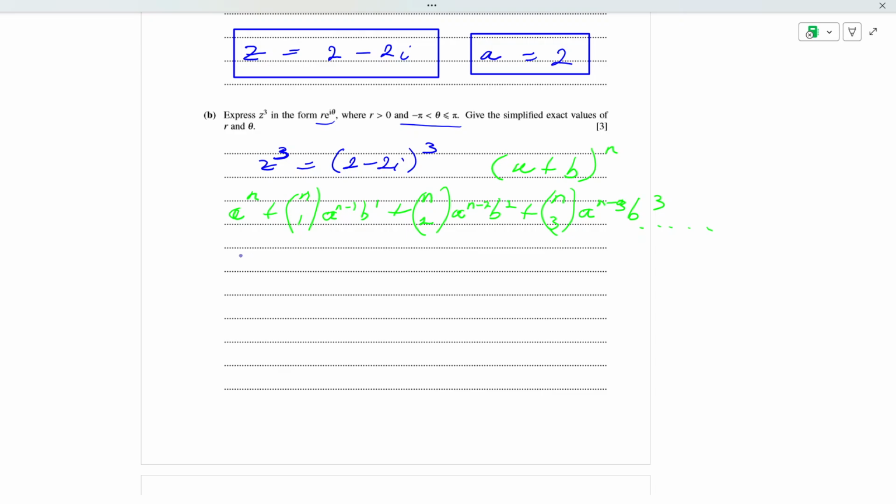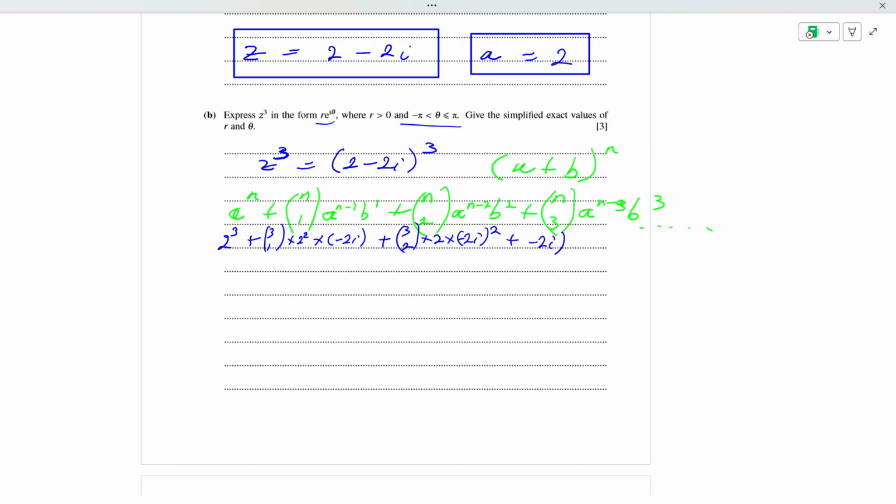But you can just put it in the calculator. So once you do use that formula, you would have 2 to the 3 plus 3 choose 1 multiplied by 2 to the 2 multiplied by negative 2i, plus 3 choose 2, multiplied by 2, multiplied by (negative 2i) squared, plus 3 choose 3, which is just 1, multiplied by 2 to the 0, which is just 1, multiplied by (negative 2i) to the 3.